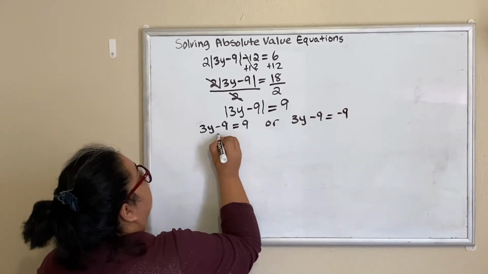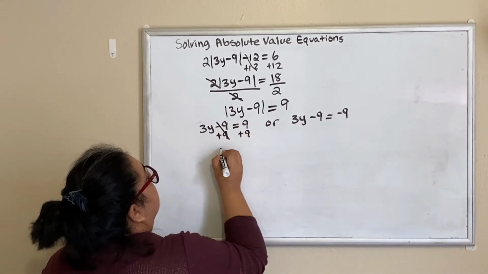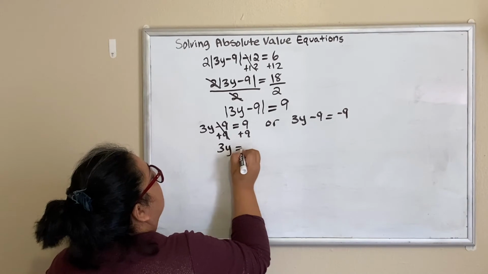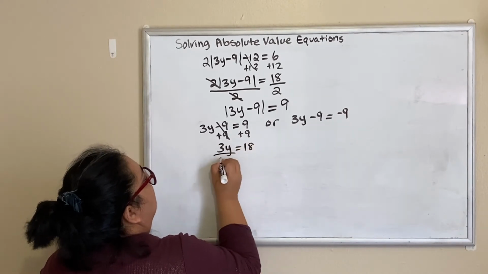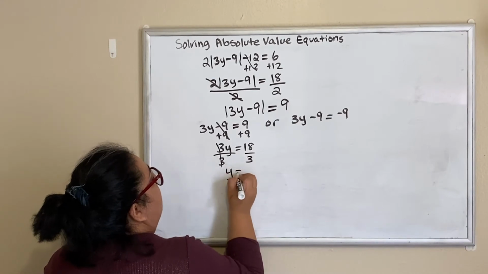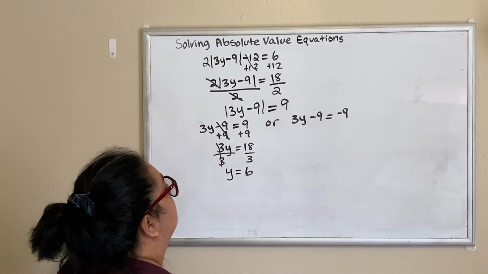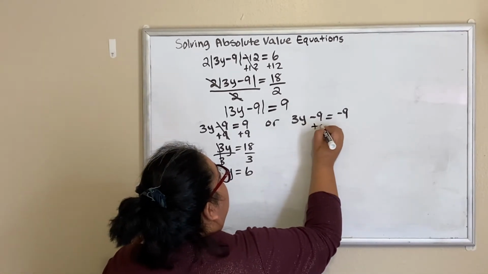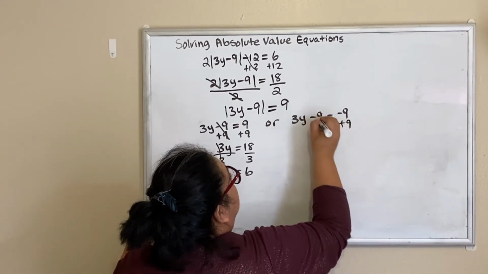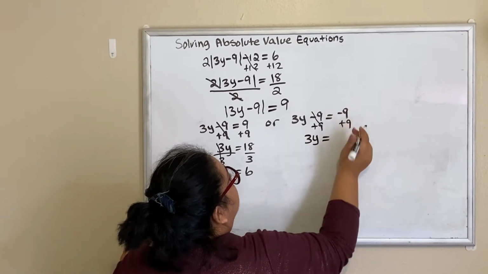And then we solve. So we're going to add 9 to both sides here, eliminating the 9's. And we get 3y equals 18. We're going to divide by 3 on both sides, reducing the 3's. And we get y equals 6 for our first solution. Now on the other equation, we're going to add 9 to both sides, eliminating the 9, and we get 3y equals negative 9 plus 9.